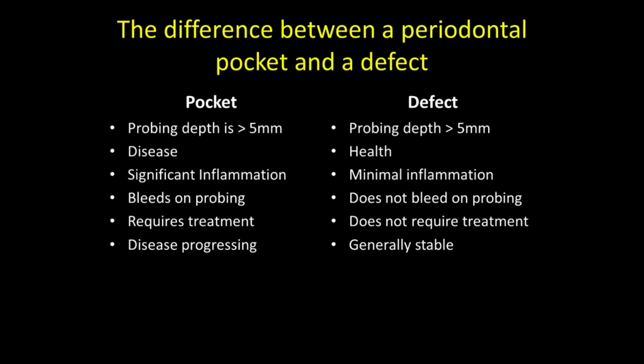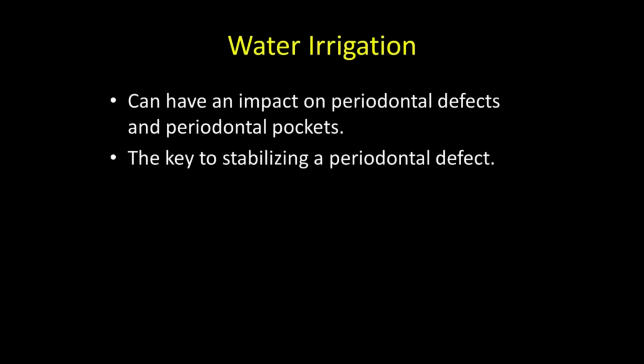The disease tends to progress on a periodontal pocket, whereas generally a periodontal defect is stable and can be kept stable over the years by routine maintenance, good home care, as well as irrigating the defect with a sodium hypochlorite solution. Suppuration is present in a periodontal pocket, but there should be no suppuration on a periodontal defect.